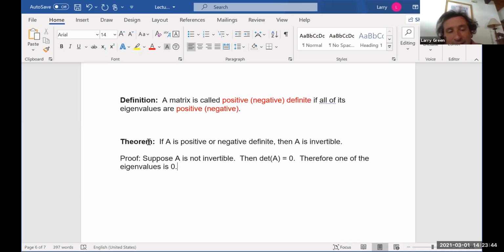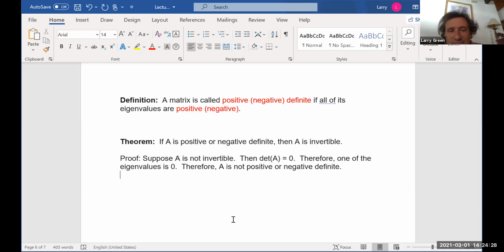So Av equals 0v, or 0 is an eigenvalue. We've had that as a theorem before, but therefore it's not positive or negative definite. Any questions on the proof? It's a very simple proof, but only if you understand it.